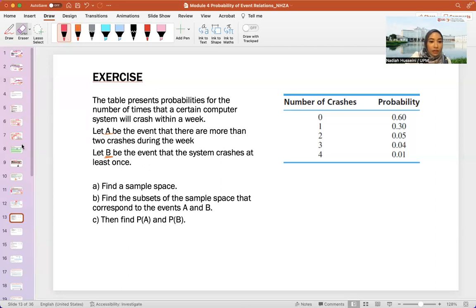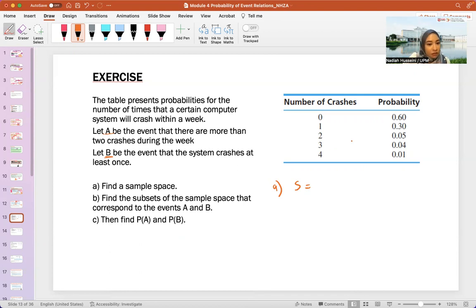Yes. Okay, so what is the sample space over here? Let's do number A. What is the sample space?